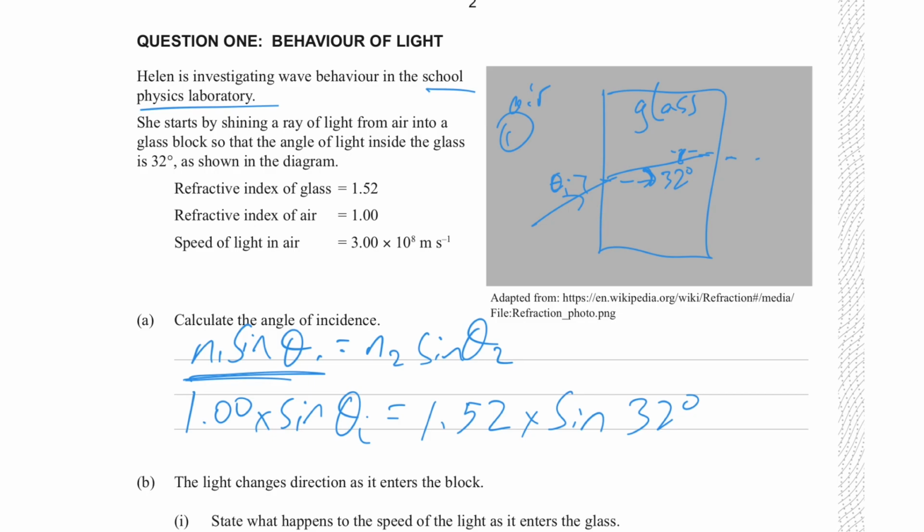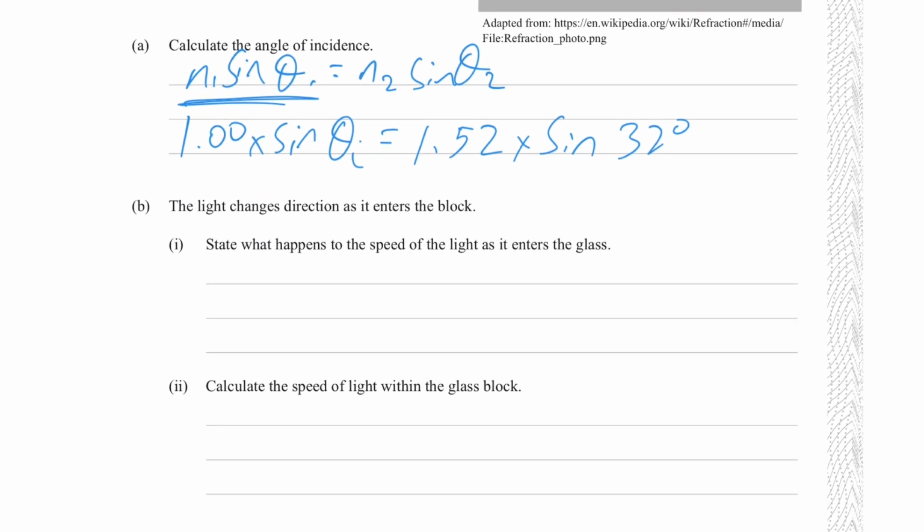You'd rearrange that for sine theta i and do the inverse sine of whatever the other side of the equation is. You should know that, I'm not going to linger on that. You can watch the videos on the Physics Lounge if you're not sure how to rearrange this equation.